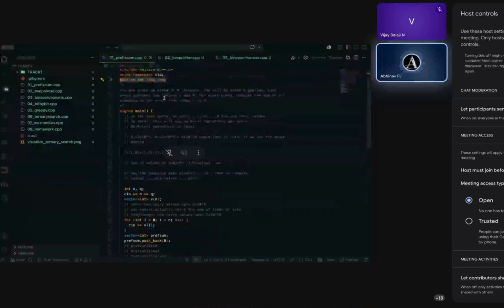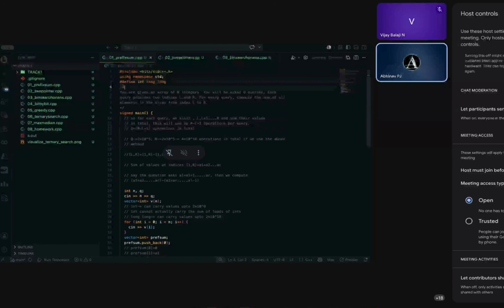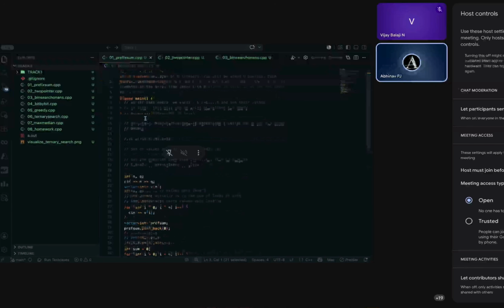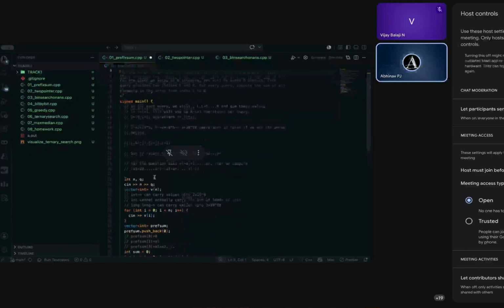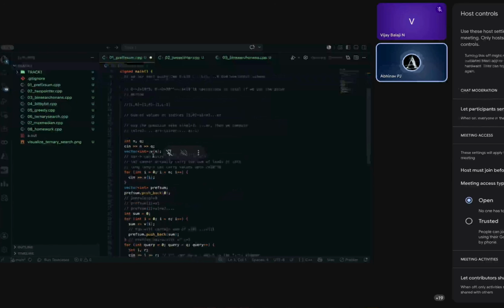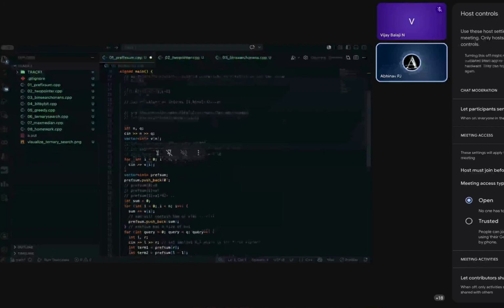Although this is a bad practice in actual production environments, like working at an actual system where the exact time your code takes to run matters a lot, so you would not do this optimally. You would instead see carefully that the values of v never exceed 2 times 10 to the power 9, so this should be safe.